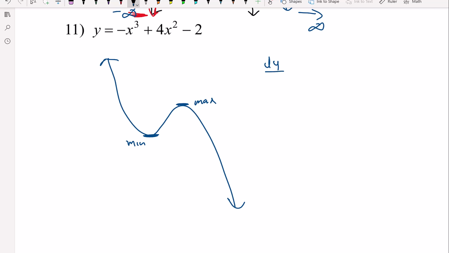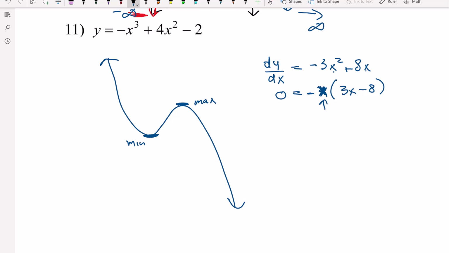So dy dx, or y prime, is negative 3x squared plus 8x. Remember, the derivative is equal to 0. The tangent line is equal to 0. And I'm going to factor out a negative x because we want to bring out that negative sign, and they only share an x. So that leaves 3x minus 8.